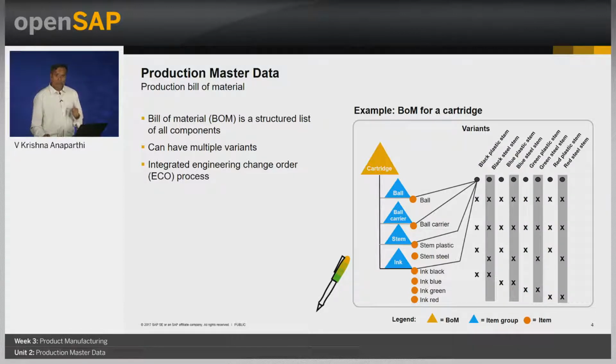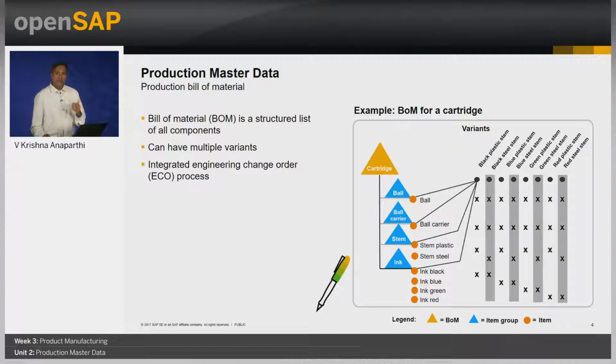While defining production bill of material, user can also group the components with the help of item group. Taking the example of cartridge again, I can group different stem products such as plastic stem and steel stem into item group stem. Similarly, I can group various types of ink such as black ink, red ink into one item group called ink.